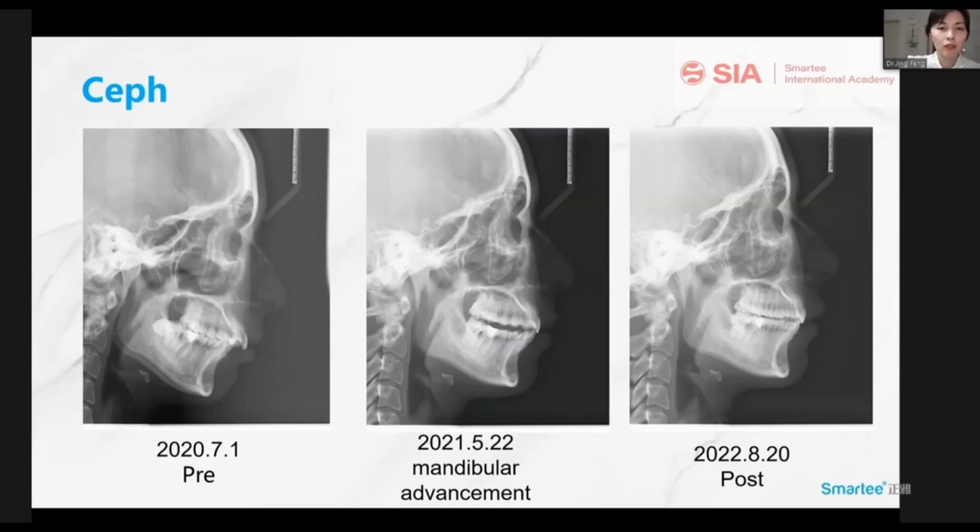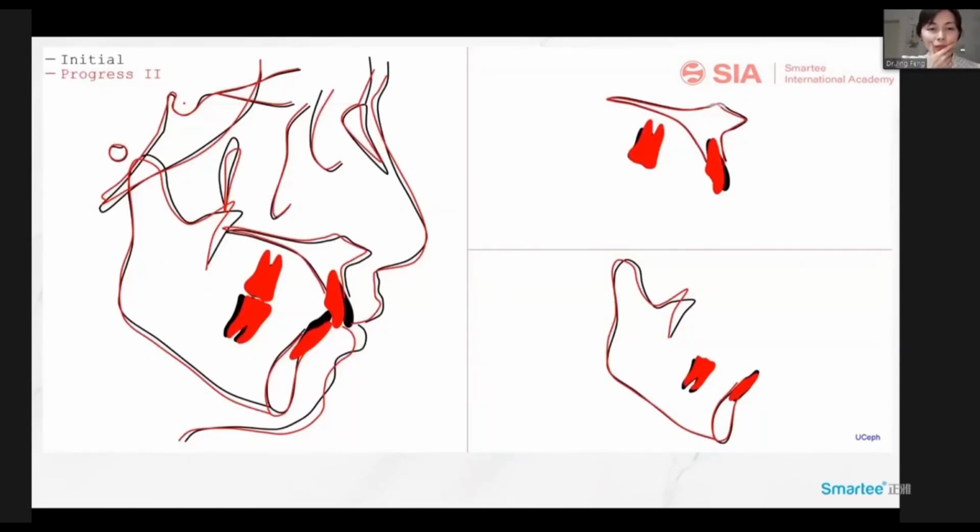The superimposition, yes. The lower jaw moved forward and downwards, and the lower incisor proclined a little bit, but still in acceptable range. And the facial profile is improved dramatically.